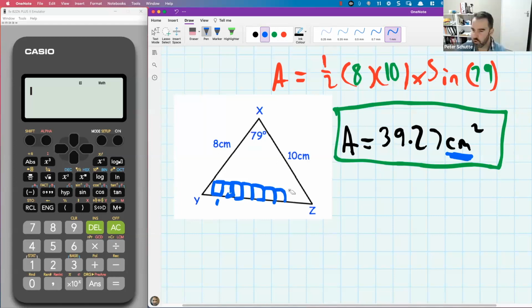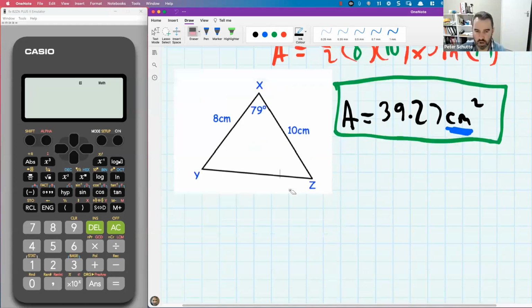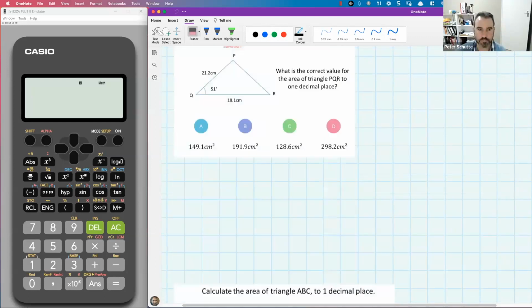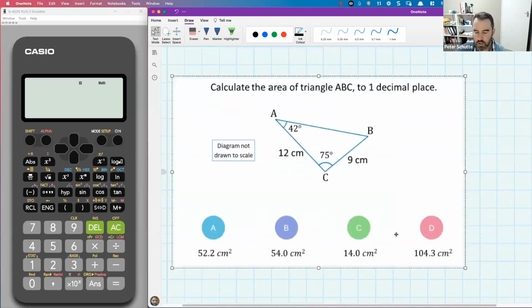Okay, let's do one more. In fact, that's a little bit too easy. Let's do this one. Which of the 4 options here do you think is the correct area of this triangle?